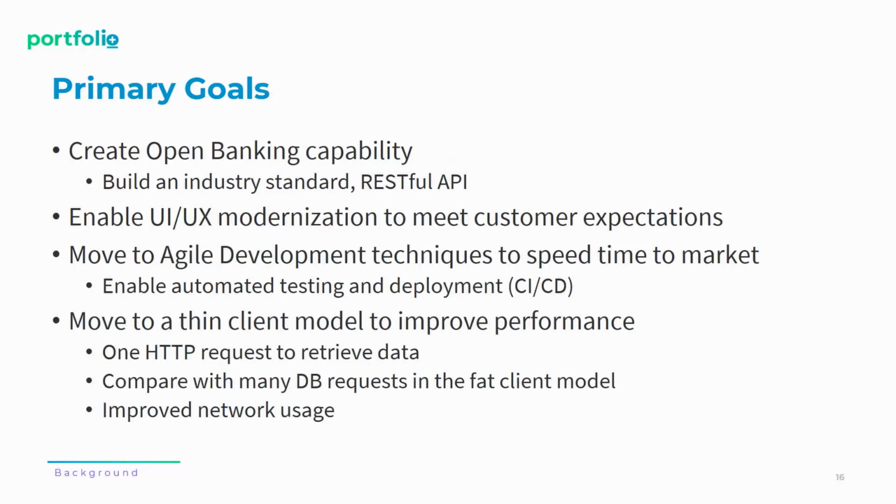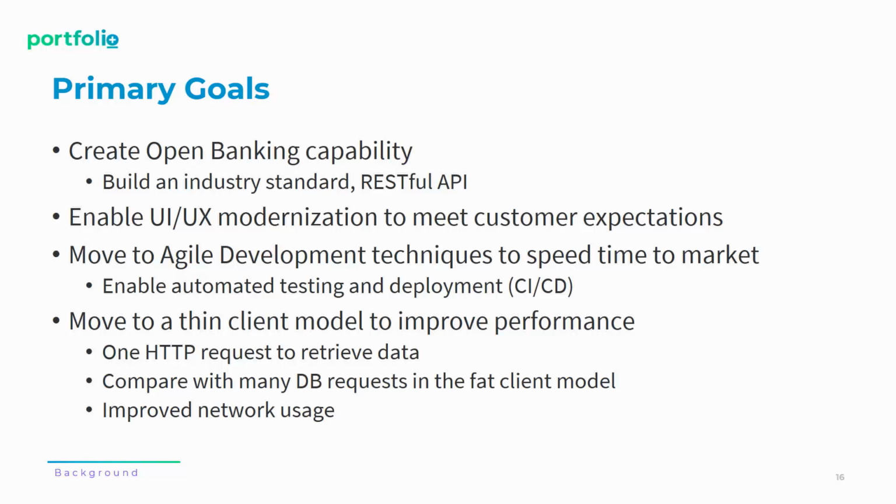So our primary goals with this project were to create an open banking capability, to build an industry standard RESTful API into this powerful backend. We want to enable ourselves to build new user experiences and user interfaces, more modern web-based and mobile applications, but also to allow our customers to do these things as well.